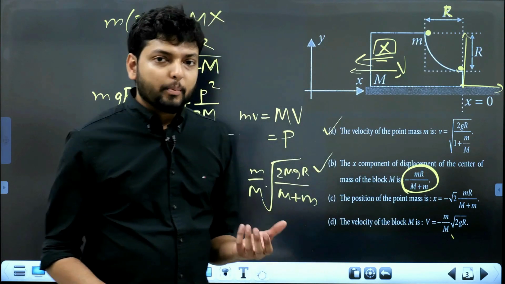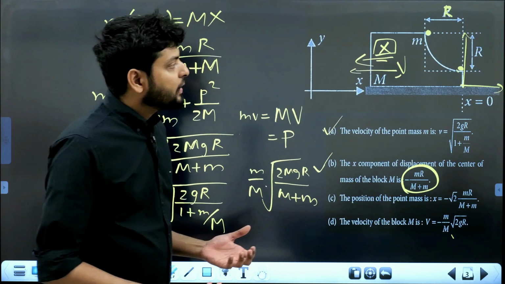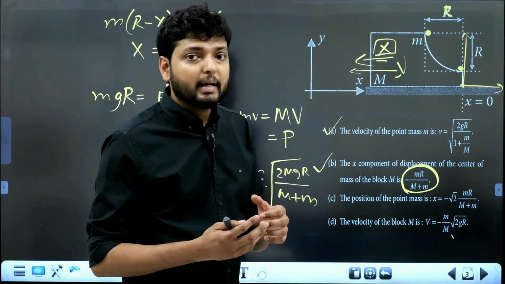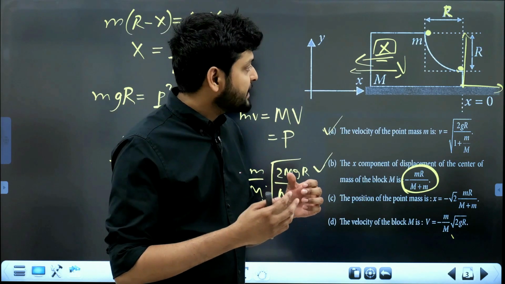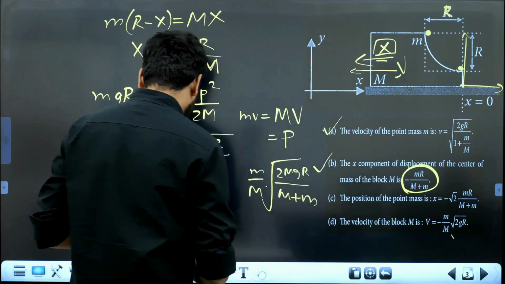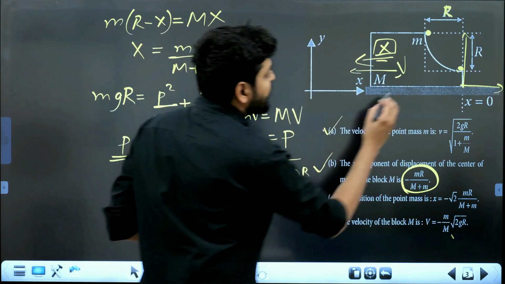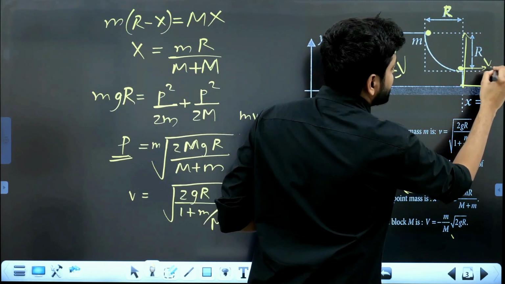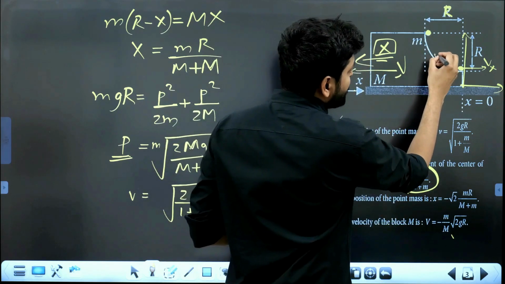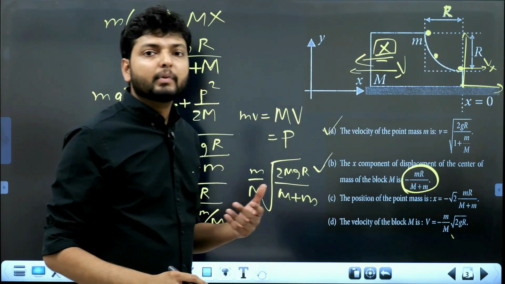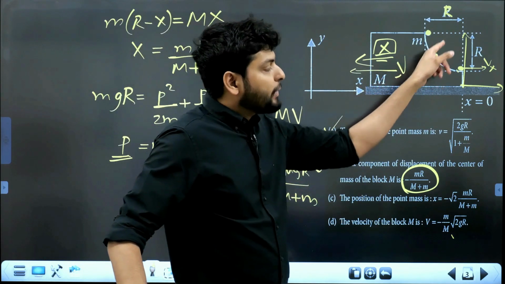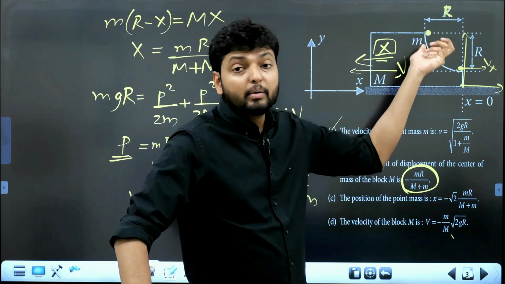So an interesting observation in this question is that we could do all of this because the velocity of the point mass while just leaving the block has been asked, right? In that case, we know that the velocity is going to be completely horizontal. There is no Vy component, right? There is no vertical component. If we were asked to find out the velocity somewhere here, we will not be able to apply all of this, right? Then there will be a Vy component, a vertical component for the velocity.